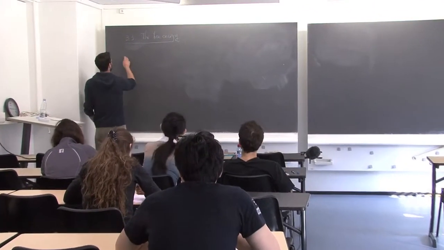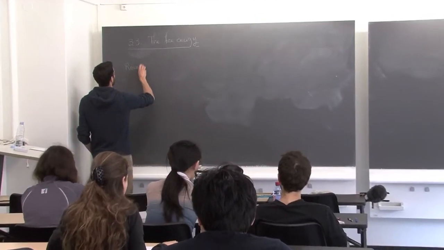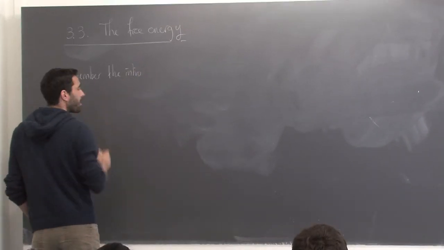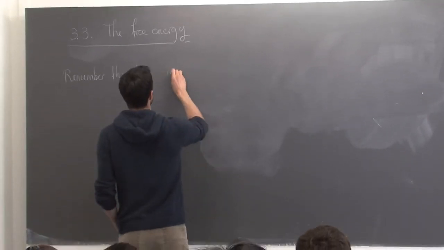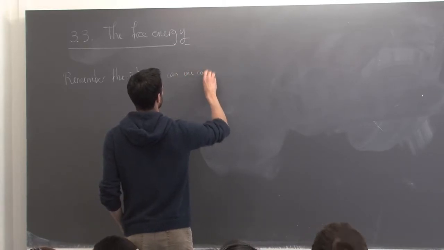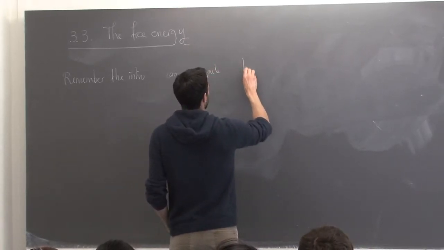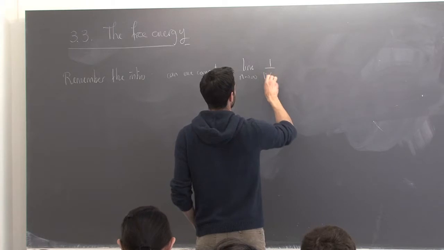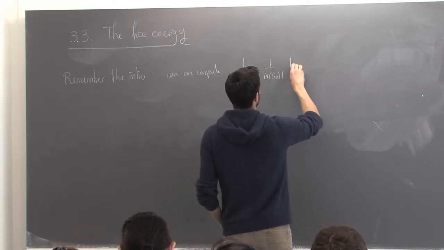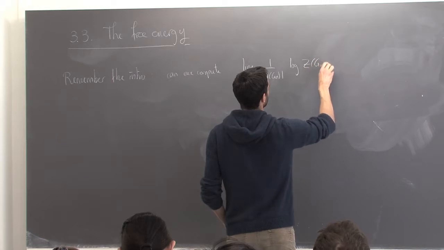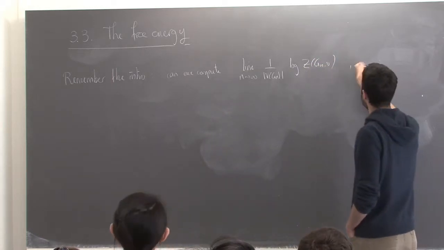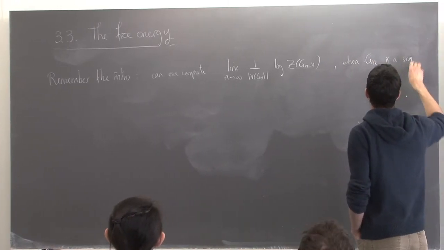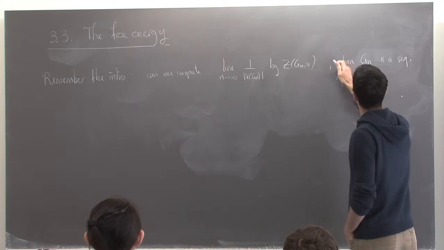So you remember in the introduction to the class, I had asked one question: can one compute something like this quantity when Gn is an increasing sequence of graphs.